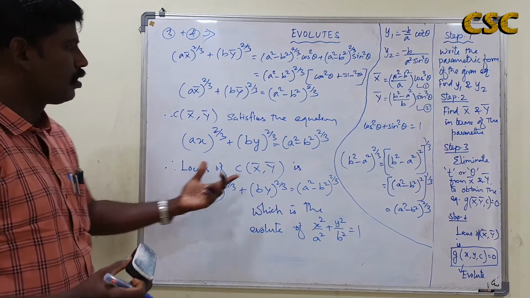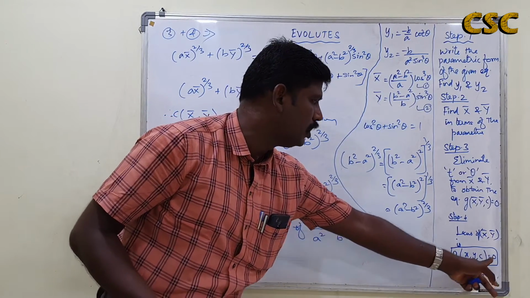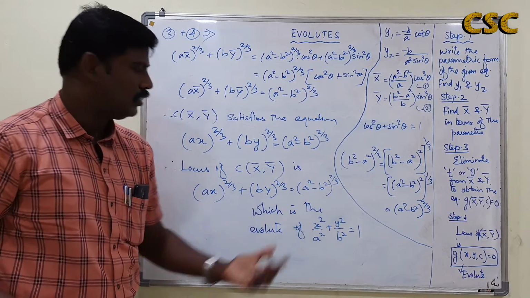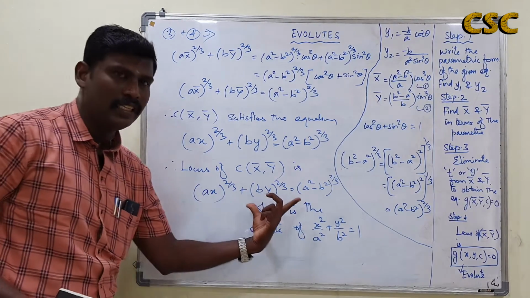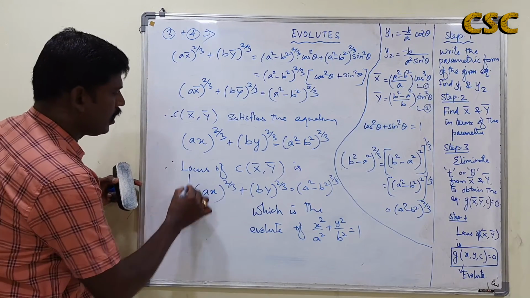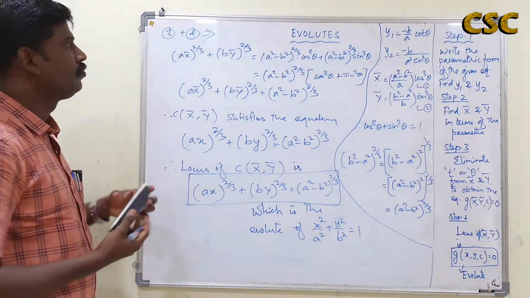The locus of x bar comma y bar is g of x comma y comma c equal to 0, which is the evolute of the ellipse. Okay, this is the answer. That's all.